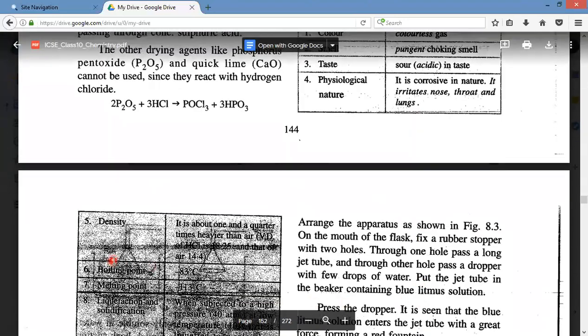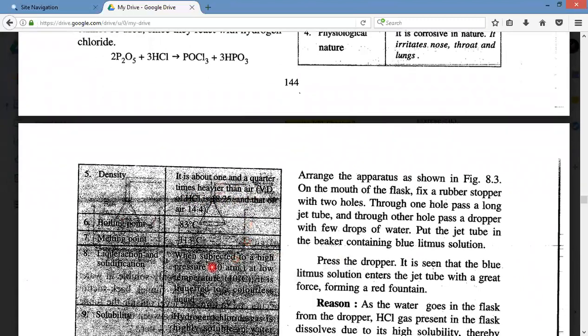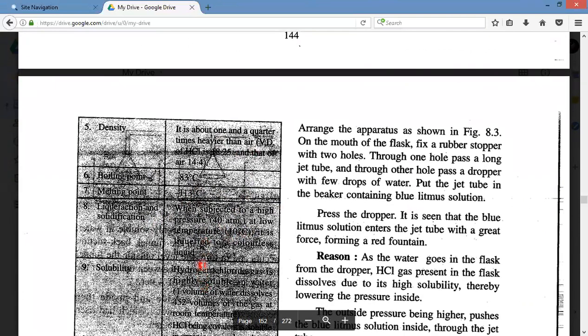Next one, density. As it is heavier than air, it is about 1.5 times heavier than air. Boiling point minus 83 degrees Celsius, melting point minus 113 degrees Celsius. Liquefaction and solidification: as the pressure is increased to about 40 atmospheres and a lower temperature is maintained, it will liquefy.